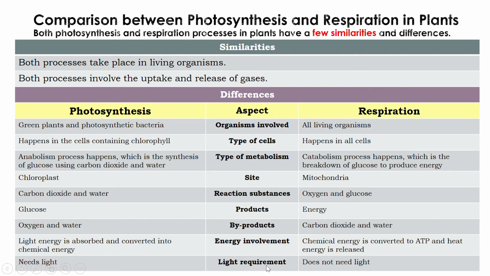Okay, light requirement: for photosynthesis, light is needed because there is the first stage, which is the light-dependent reaction. Respiration doesn't require the presence of light. It happens all the time as long as the organism is still alive.